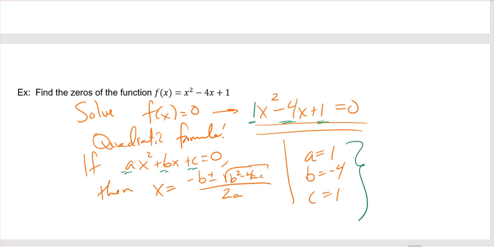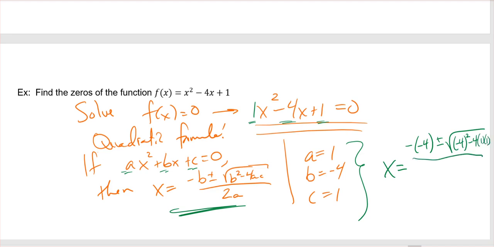And now we can take these and plop them into the nice formula. So negative b would be -4, plus or minus the square root of b squared, so -4 squared, minus 4 times a times c, those are both 1, divided by 2 times a, which is 1. And now we play the simplification game.